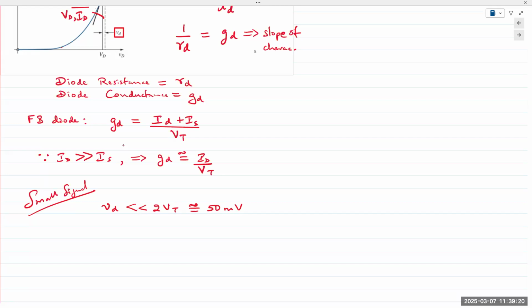So if you want it to be considered linear, a good value for VD would be approximately 5 millivolts.